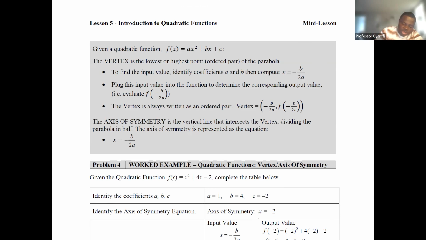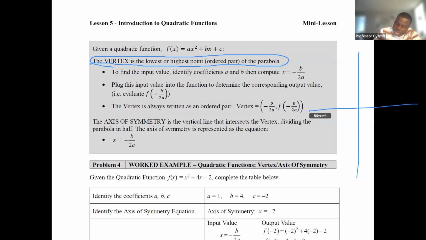The vertex is the lowest or highest point on the graph of the parabola. So if I have this, my vertex is going to be at this point here, the lowest point on the graph.